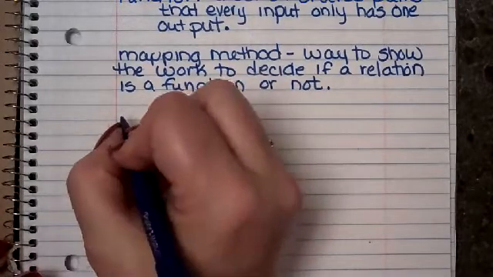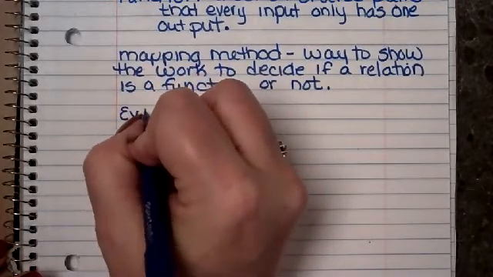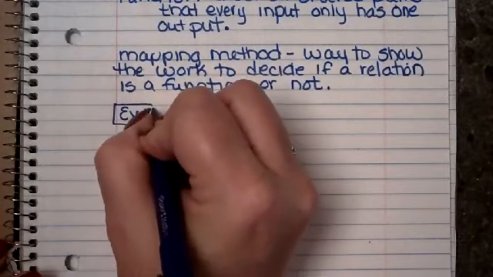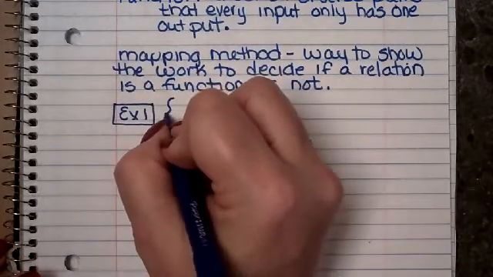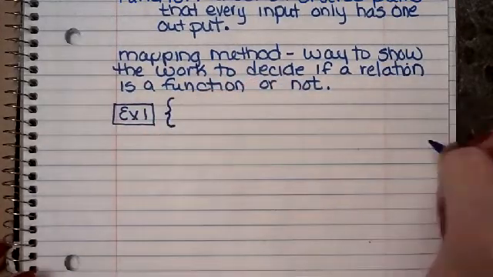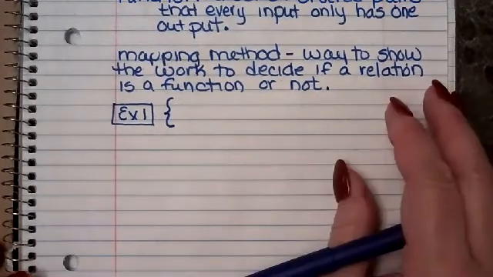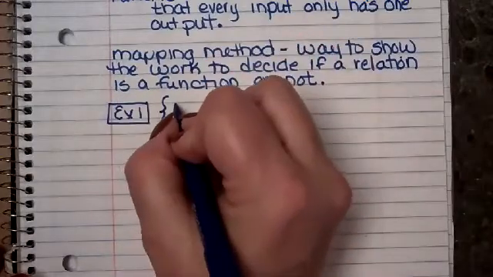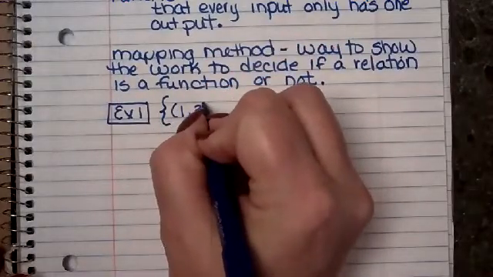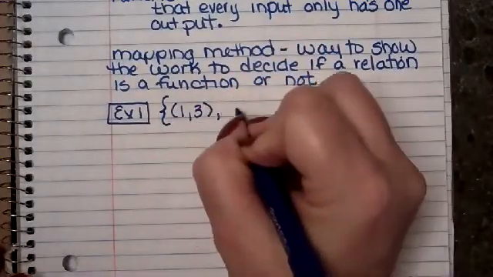Okay, so for example 1, I'm going to have a set of ordered pairs. I've got a curly bracket. Those curly brackets mean you've got a set of something or a group of something that go together, that hang out like friends. Okay, my first ordered pair is 1, 3. Put a comma right there between them.